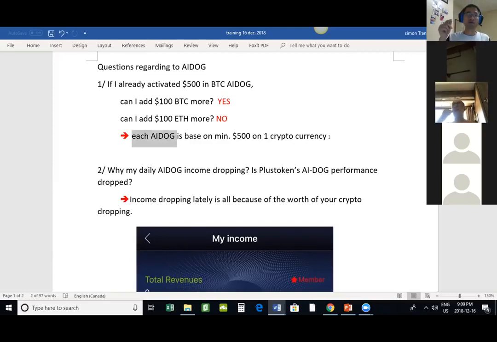Later on, if you have more of the same cryptocurrency, you can add more if you want, up to a maximum of $50,000 per account with everything added together. If you hit $50,000, you cannot add more after that.